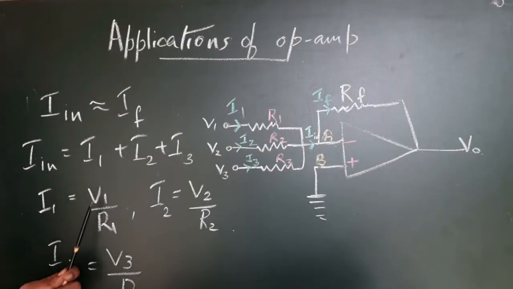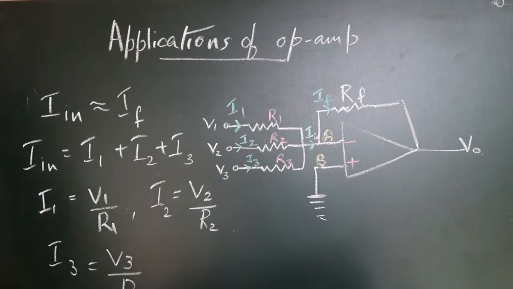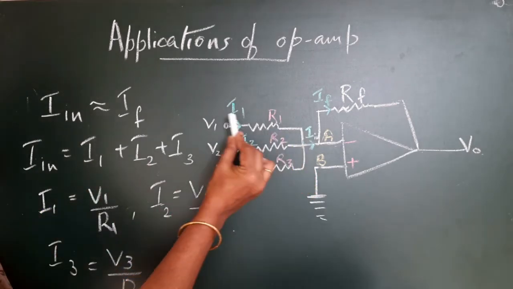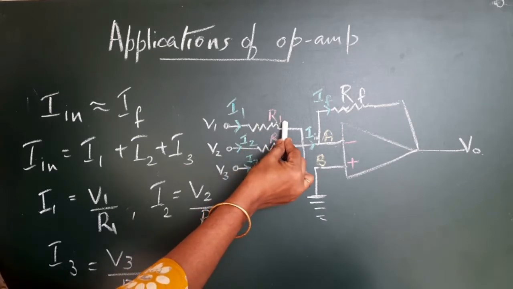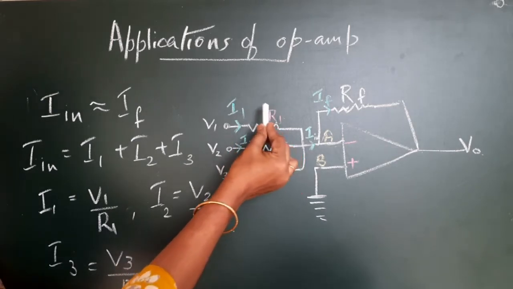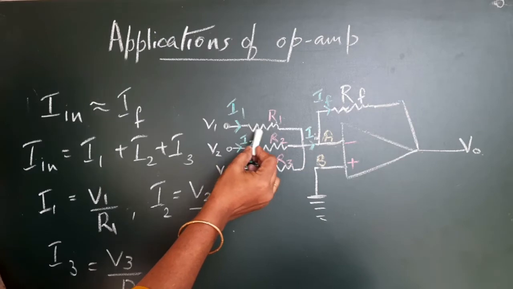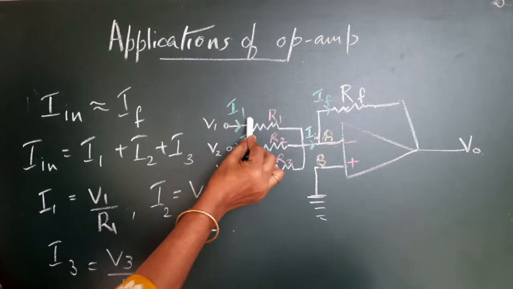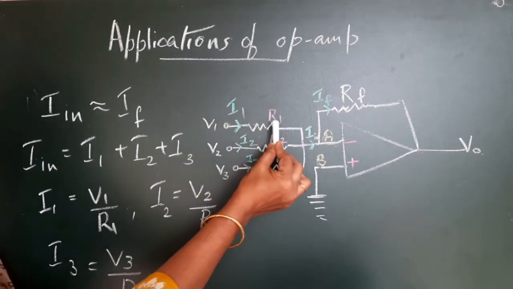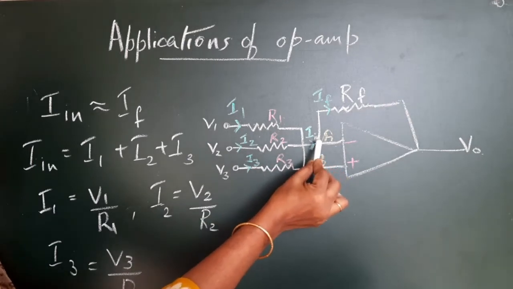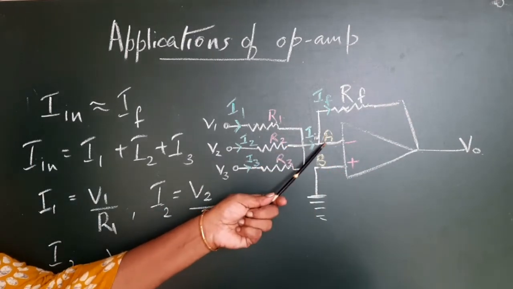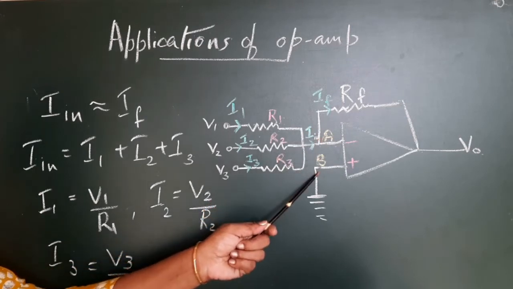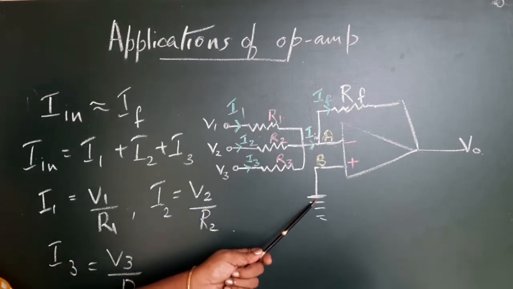In fact, here we have used the concept that I1 is equal to the difference in voltage across the resistor R1 divided by the resistance. The voltage on the left hand side is V1 and on the right hand side it is actually VA. VA is in fact zero potential because of the virtual ground concept.